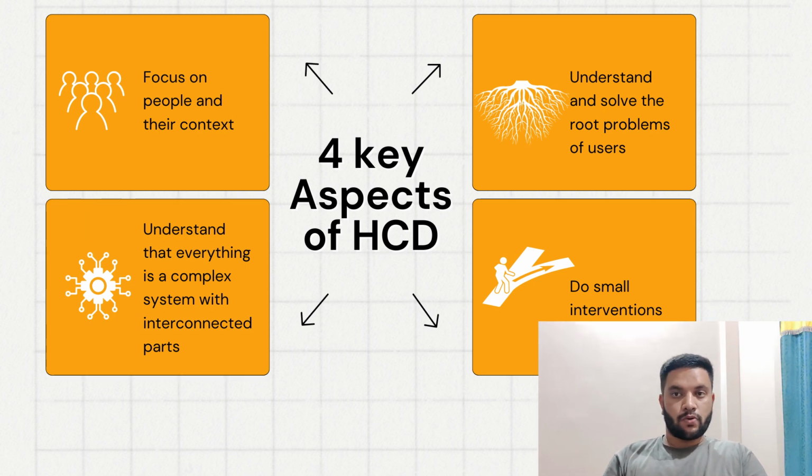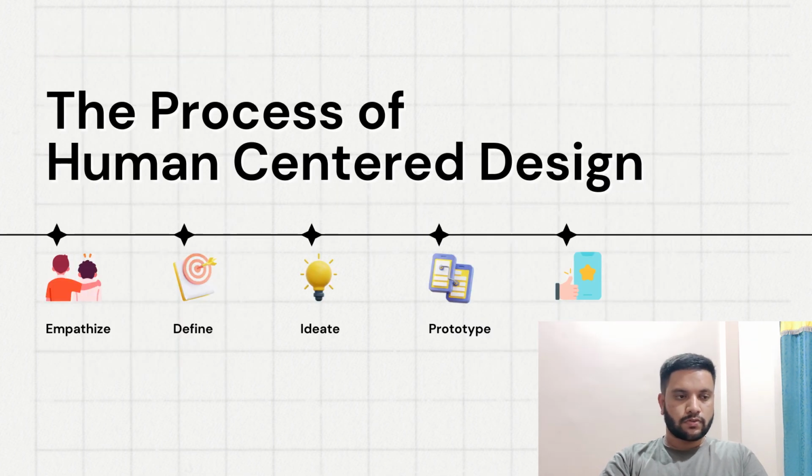Then we make a small intervention in the system and solve the actual cause of the problem. And it's not the end. After that, prototypes of the solution are made and tested, to see whether the solution we have made will work for our users or not.